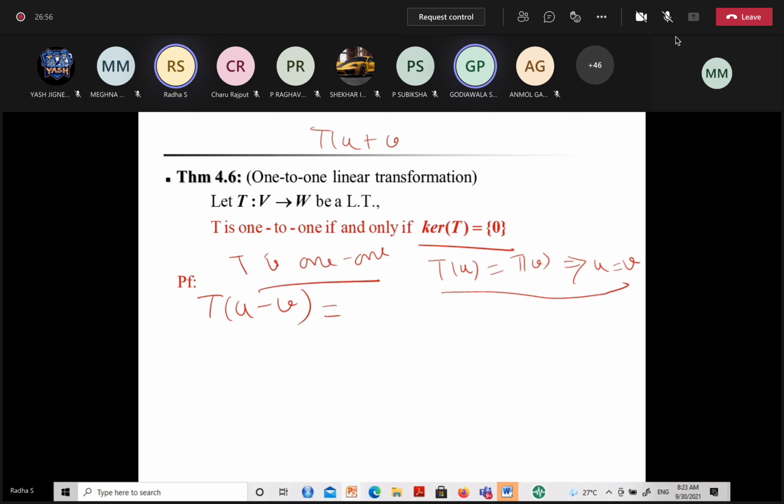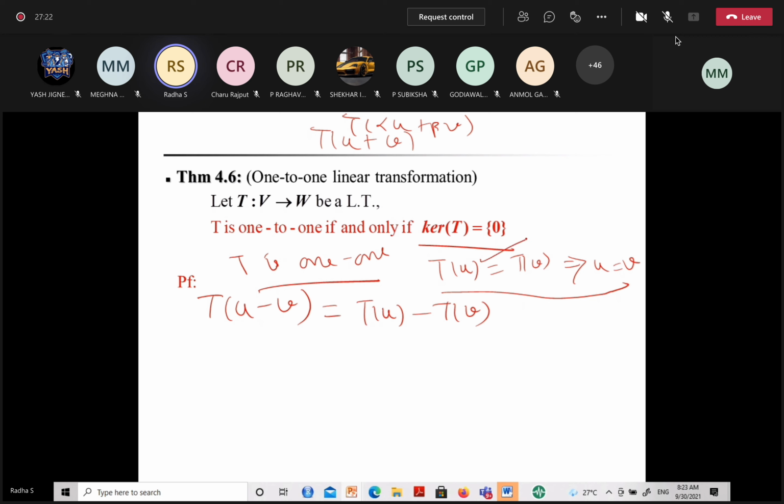T of U minus V. Because T of alpha U plus beta V is alpha times T of U plus beta times T of V. Alpha is 1 here, beta is minus 1 here. Using that concept, you get this. So this is T of U minus T of V.